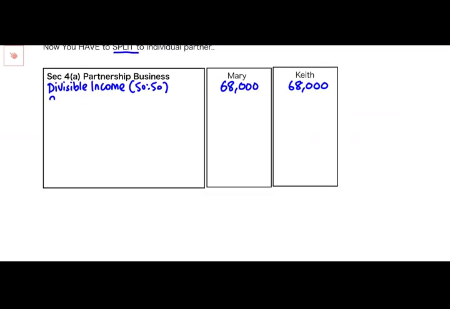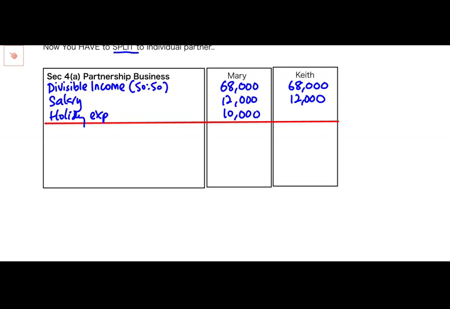For example, the salary that goes to Keith is 12, Mary 12. So I start with Mary. Sorry, the holiday expense will be 10. Now this is all that they receive from the partnership. We call this the adjusted income: 90, 80.